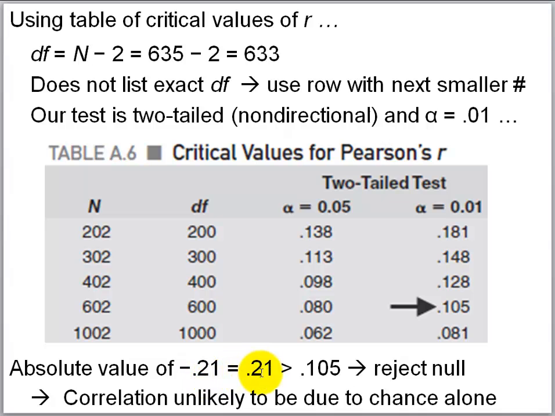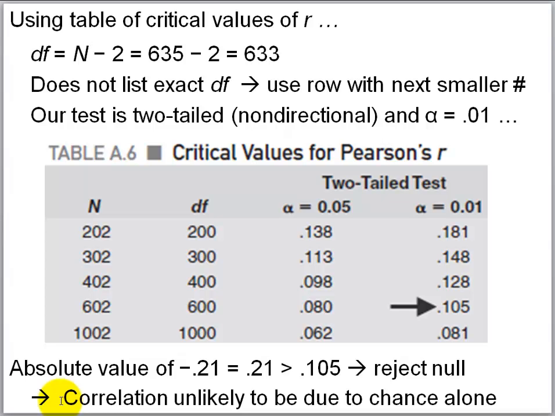That is indeed greater than 0.105, and so by the decision rule for the non-directional hypothesis pair, and thus the two-tailed test, we reject the null, and we reach the same conclusion as we reached using the computer. Our correlation is indeed unlikely to be due to chance alone.